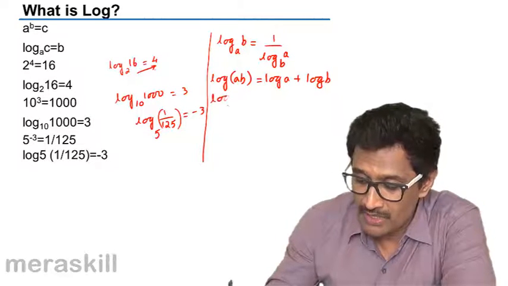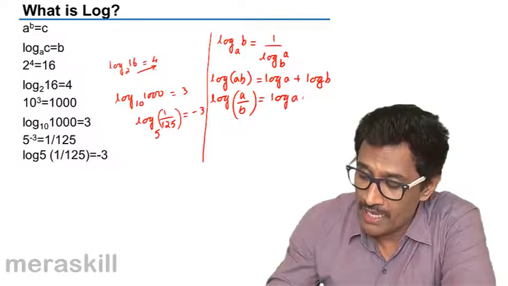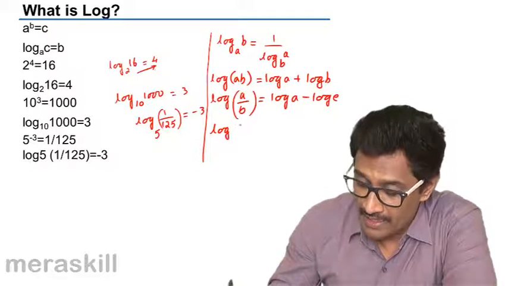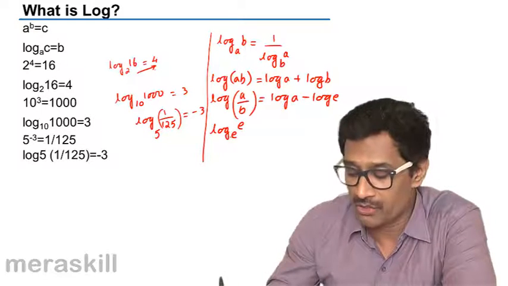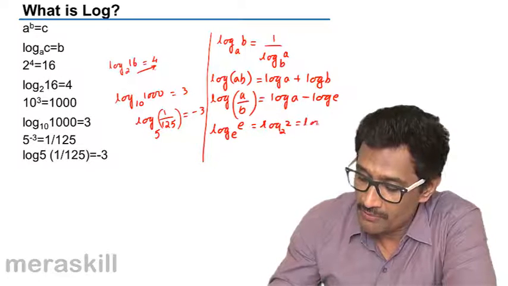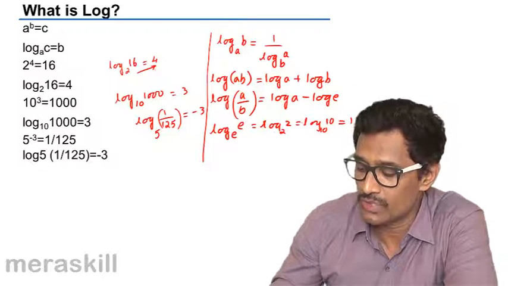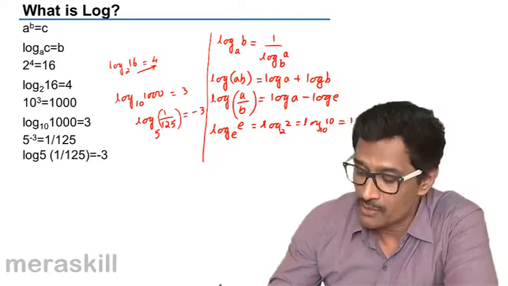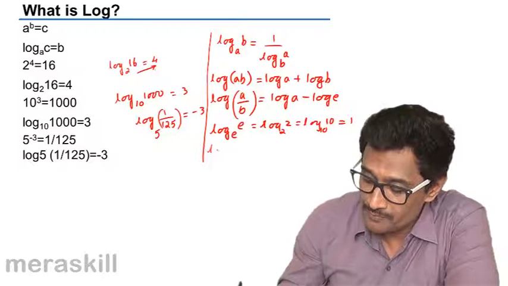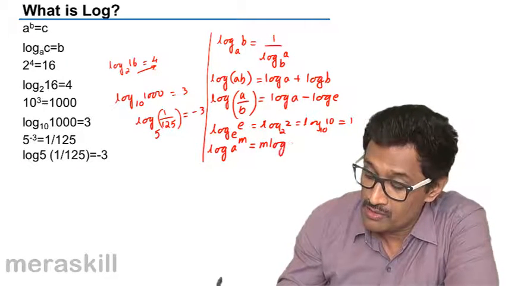Similarly, log of a by b is nothing but log a minus log b. And log of anything to the same base, e to the base e, 2 to the base 2, 3 to the base 3, or 10 to the base 10, is 1. It's understandable: 10 raised to 1 is 10, 2 raised to 1 is 2, e raised to 1 is e. So log of any number to the same base is 1. Then of course, log of a raised to m is nothing but m log a.